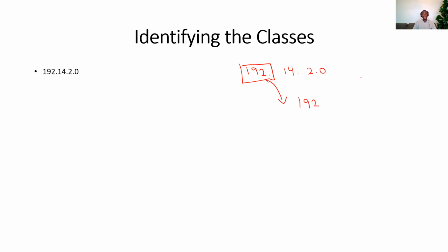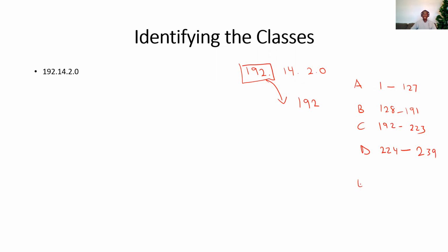Now, again, just so we get it clear, let's look at the various classes and the ranges that make up that class. So class A will start from a 1 through to 127. Class B would be any number from 128 to 191. A class C will be 192 to 223. A class D may be starting with 224 or any number up to 239.